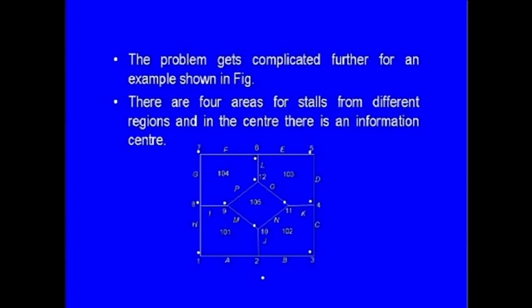There would be different regions indicating different stalls occupied by different users, and in the center there is an information center, so that people can go there, collect information regarding where the stalls are and proceed ahead.